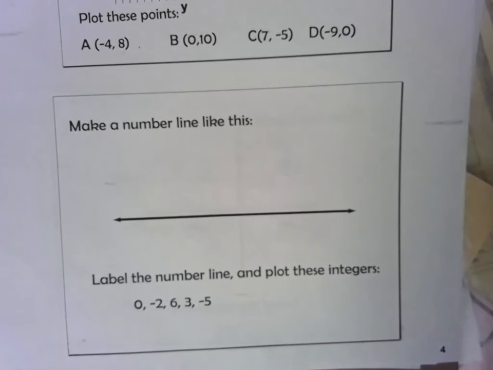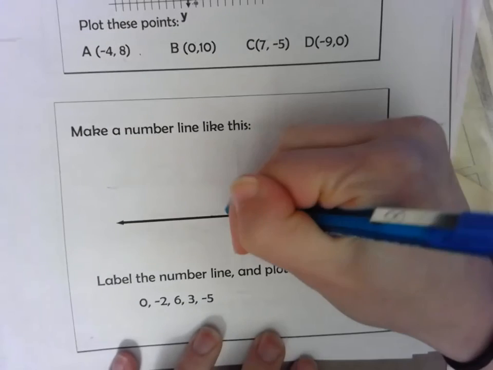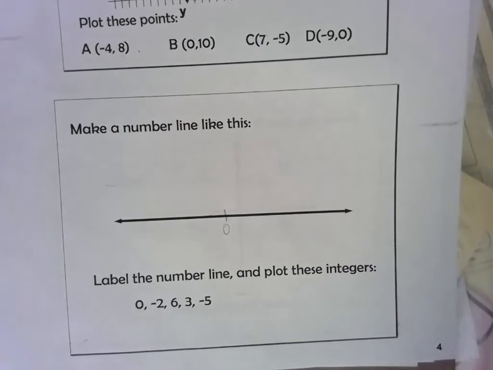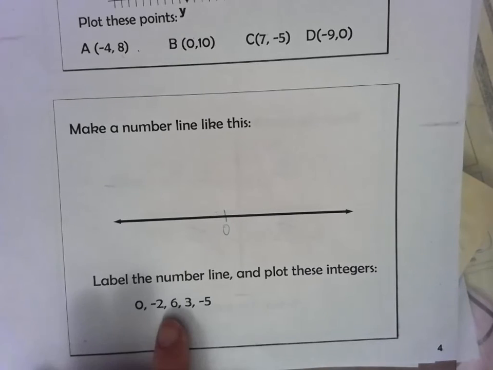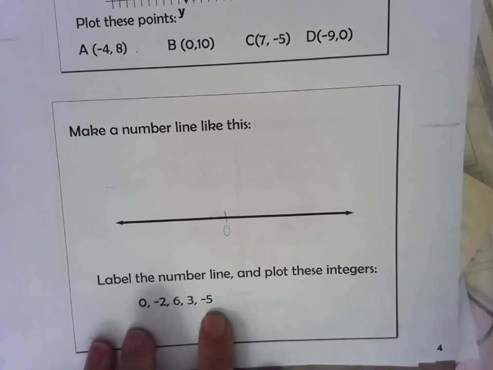Alright, so we have a number line. The first thing I'm going to do, because this number line is not labeled, is label my number line. And I always want to make my 0 in the middle. So there's 0. And I need to fit at least 6 and at least -5 on the negative side.